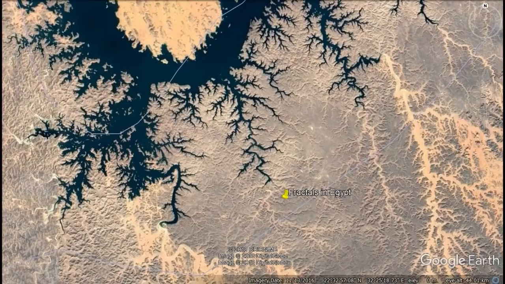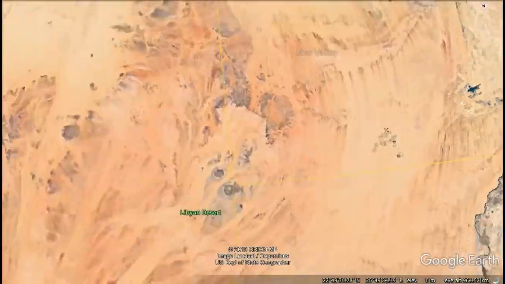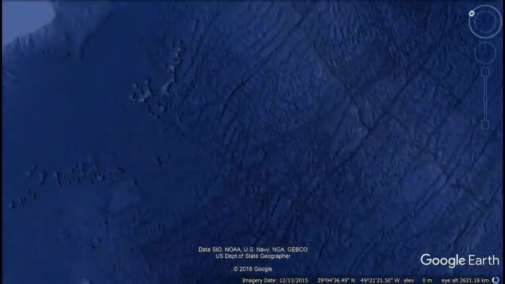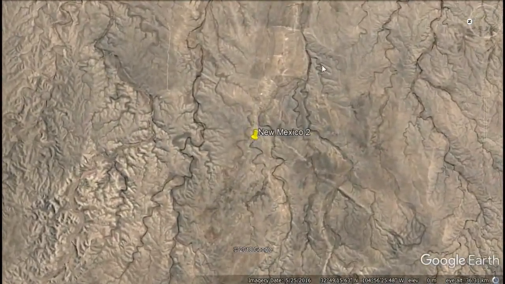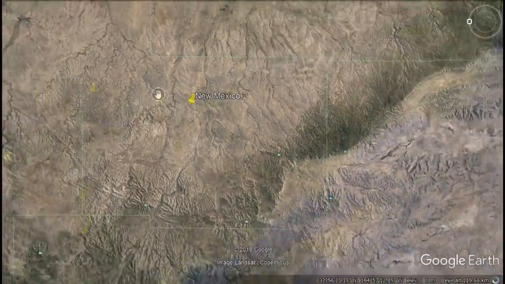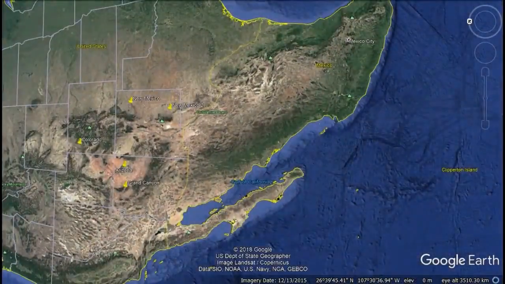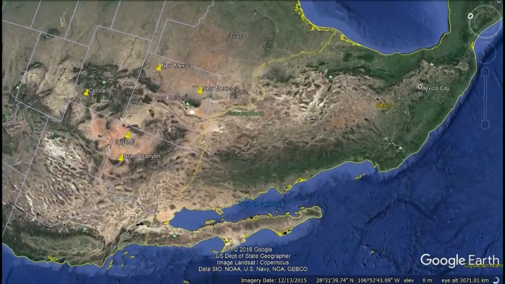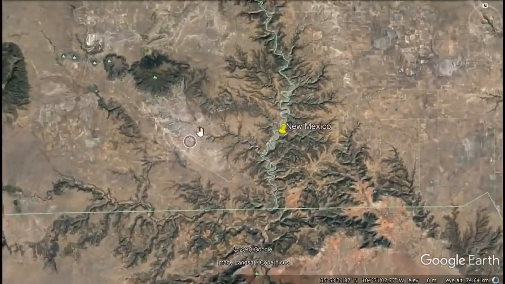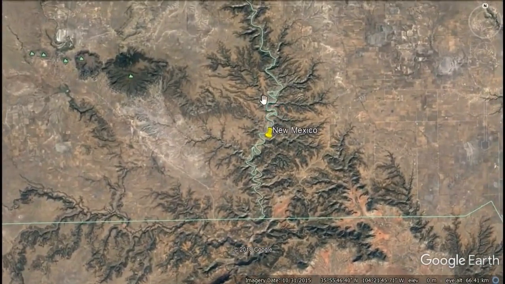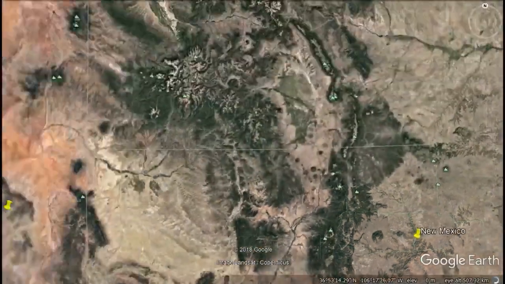So now let's go back to the United States, and there's going to be an interesting one to notice, but we'll start off in New Mexico. Again, just a whole vast area. And as you can see, there's another one in New Mexico I'm going to highlight. And that one is pretty impressive as well. Now let's go to Alaska.